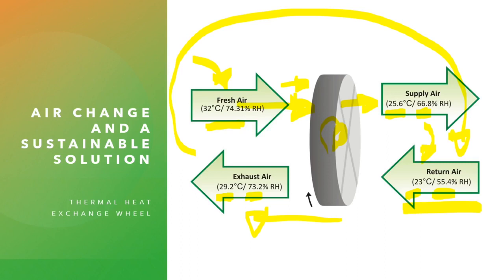So 4 degrees has been captured from the return air in the form of energy as it goes out as exhaust air, and then as we pull fresh air in, what went out with the return air, 3 or 4 degrees, has been kept in the heat exchanger, which then heats up the fresh air as it comes in, so there's less air to actually heat up, so we don't have to use the energy for those 3 or 4 degrees.